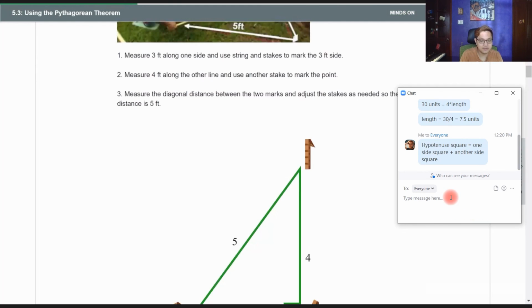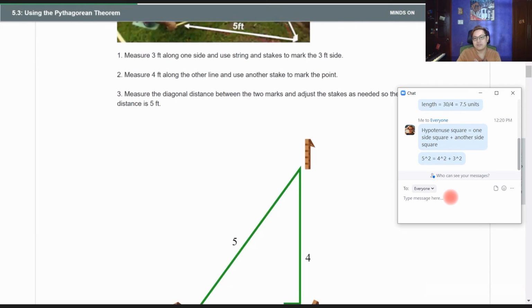So 5 to the power of 2 equals 4 to the power of 2 plus 3 to the power of 2. There you go. So 5, 4, 3 are actually perfect numbers, you know.